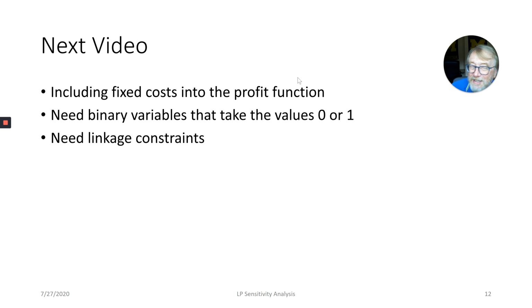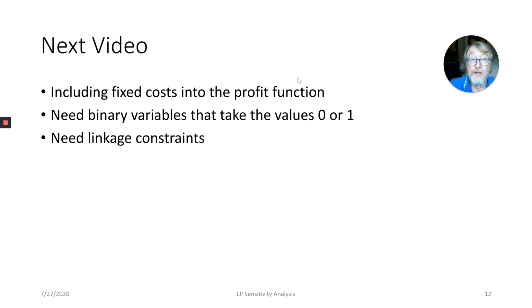The next video is going to be putting fixed cost into the profit function. So right now, the profit function only has a variable cost. As we vary our production, pounds of cookies and cakes we make, the profit function changes. That's called a variable cost. I can come in every day and change the amount of cookies and cakes if I had to. Fixed costs have to do with something like, hey, if we don't make any cookies, we don't have any setup time for cookies, we don't have a fixed cost for cookies.